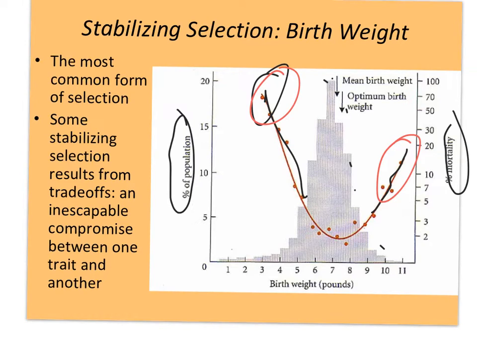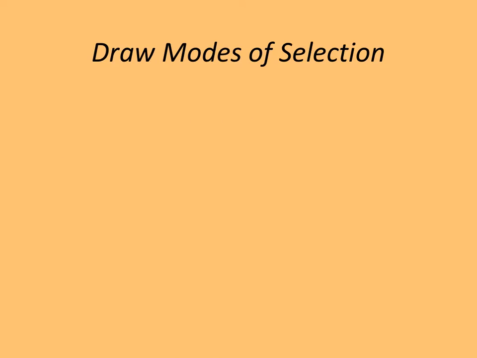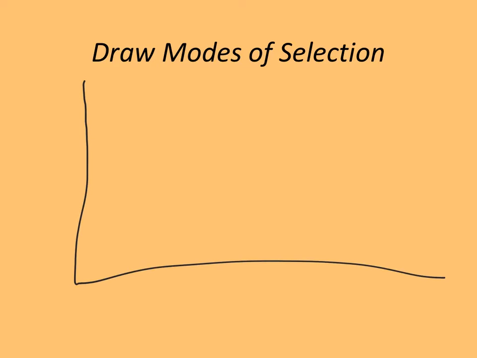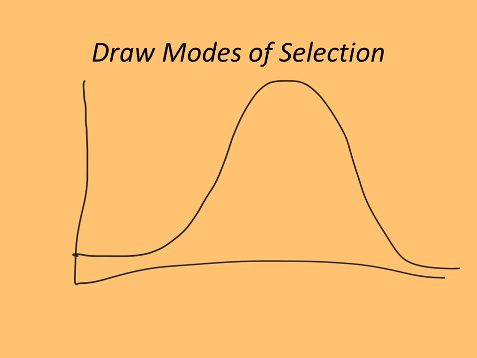Okay? So what we do is we have higher female survival over here, and higher mortality and higher offspring mortality over here. So I'll draw this again. This is our normal distribution. Stabilizing selection, that means there's selection against the extremes.